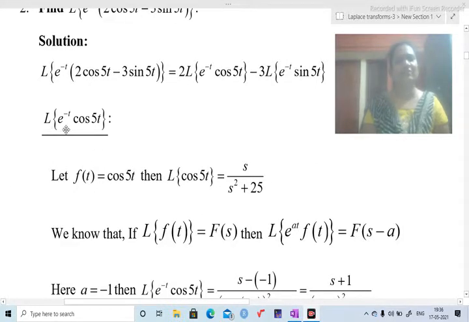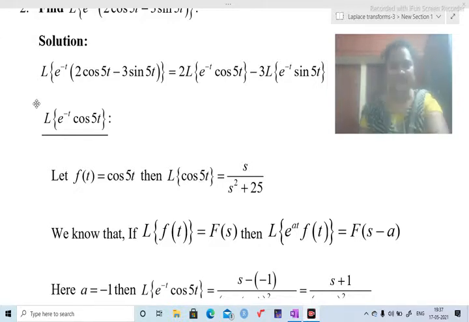Laplace transform of e power minus t into cos 5t. Let f of t equal to cos 5t. Already we know that Laplace transform of cos at equal to s by s square plus a square. Observe here a equal to 5, so 5 square equal to 25.